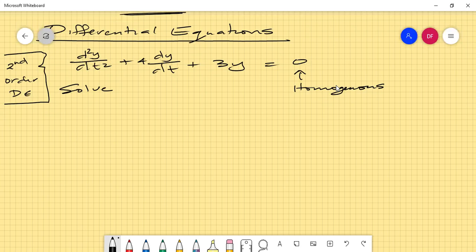As a maths teacher as well, I always like to make sure we have the first principles down pat. So we'd write down the auxiliary equation, but let us just discuss where we get the auxiliary equation from. So let me digress for a little bit.